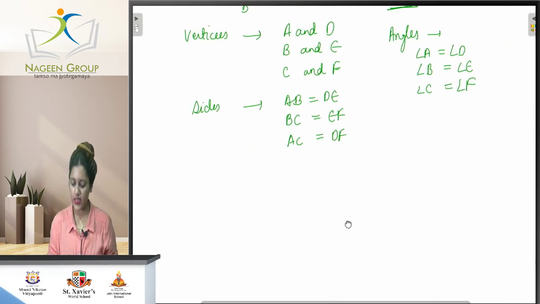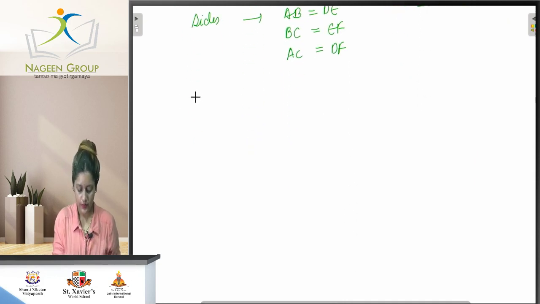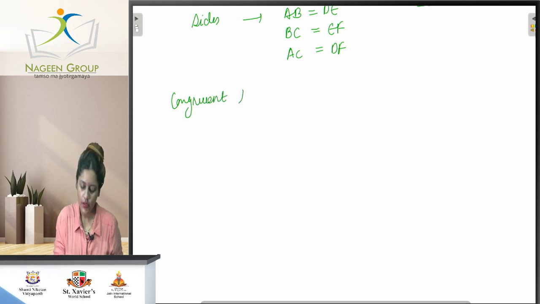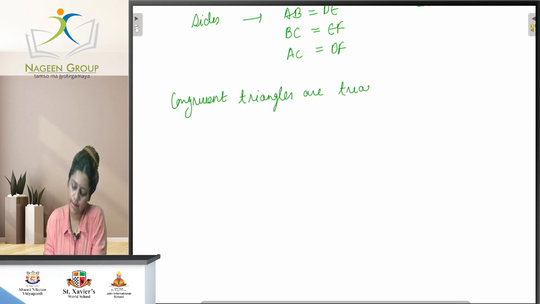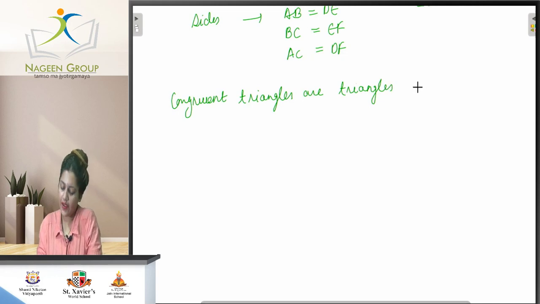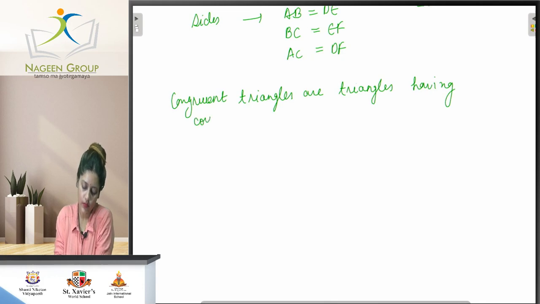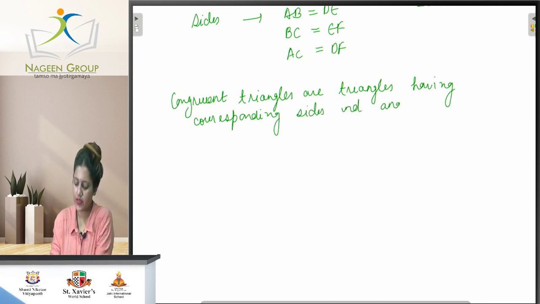So congruent triangles are triangles having corresponding sides and angles to be equal.